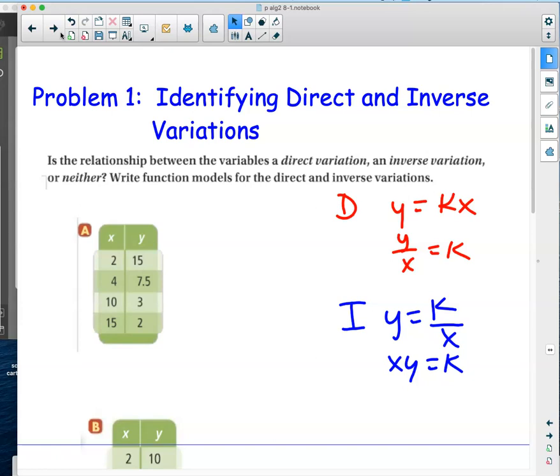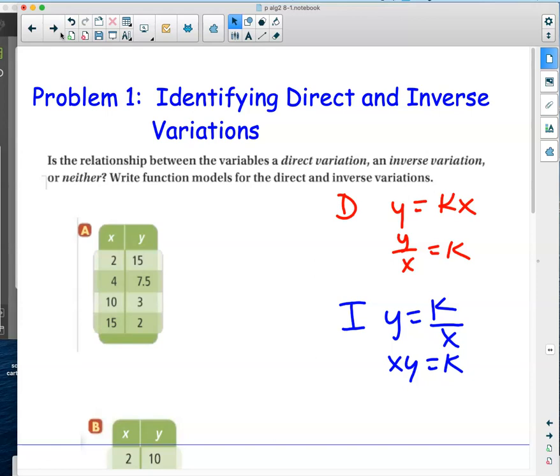The little equation for direct is y equals kx, which uses multiplication. But we're backing up a step and saying, what are we going to see in the table that will tell us it's direct? If you divide, and you get the same thing every time. And then inverse has this little relationship of division. But to see it in the table, you're taking a step back, and it's going to look like multiplication.